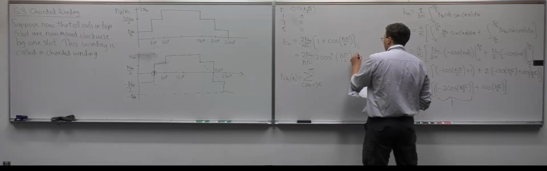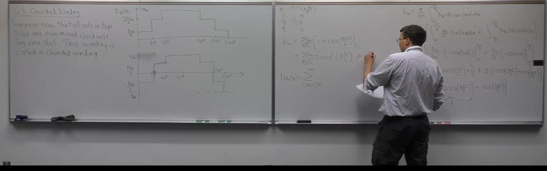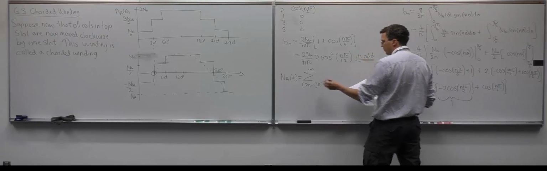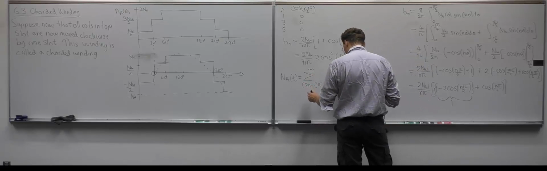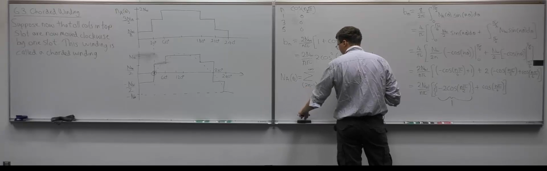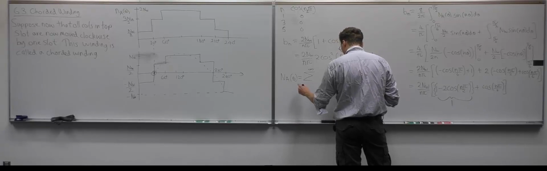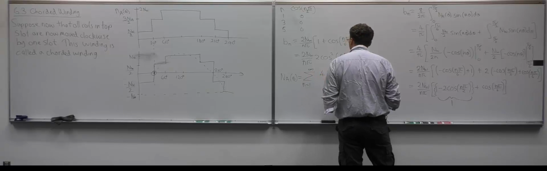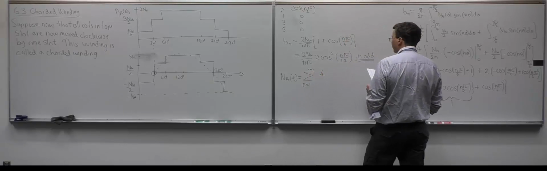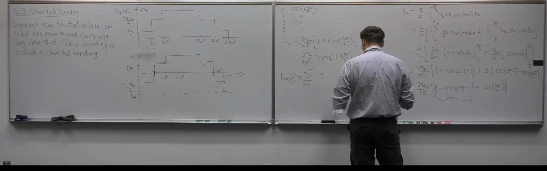So this is for n odd only, but this one here I'm going to write for all n. So for n equals 1 to infinity, there's a 2 and a 2, that gives us a 4.